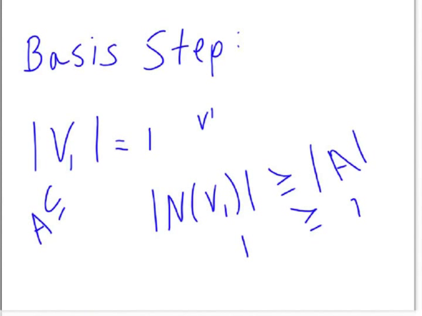And that would basically mean that if you look at two sets, here's v prime, and we have some nodes over here, then v prime must be adjacent to one of these, and then we could create a complete matching. So the basis step is sufficiently proved there.